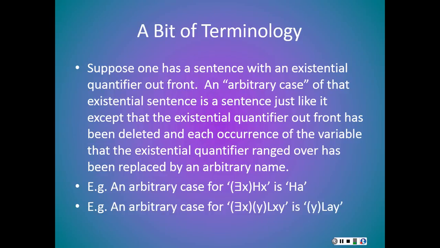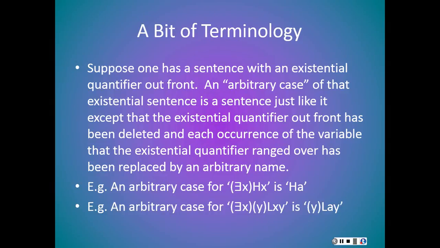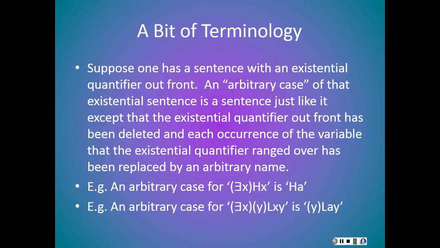Let's look at another example. An arbitrary case for there exists an x such that for any y, Lxy is for any y, Lay. So perhaps the original sentence with the existential quantifier out front translated someone loves everyone.